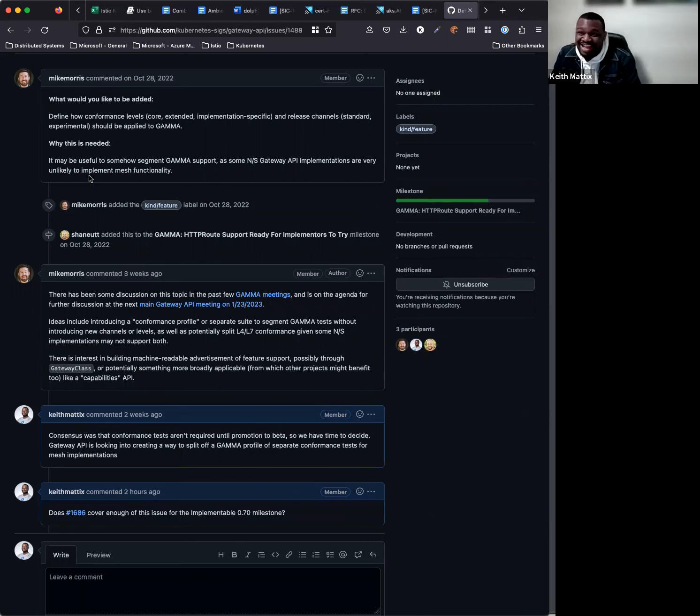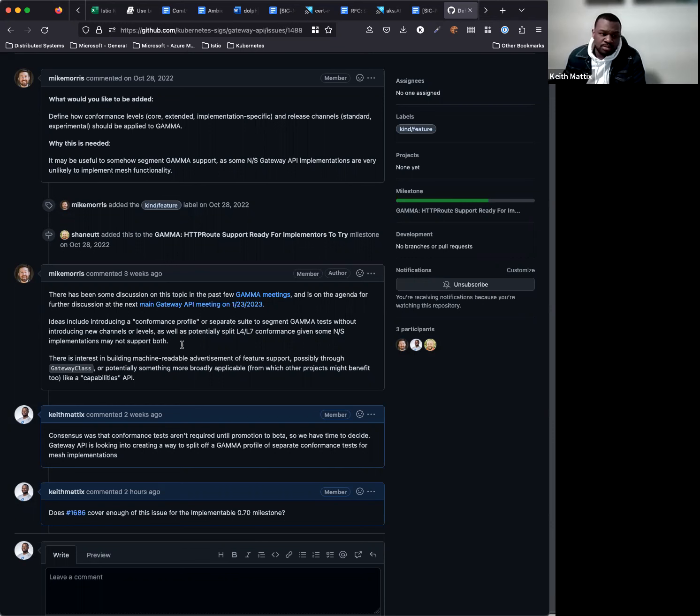So we have some time to decide exactly how we want that represented for Gamma, as far as conformance levels and support. There's been a lot of talk about conformance profiles actually, and that's where we feel that Gamma conformance tests would make the most sense.